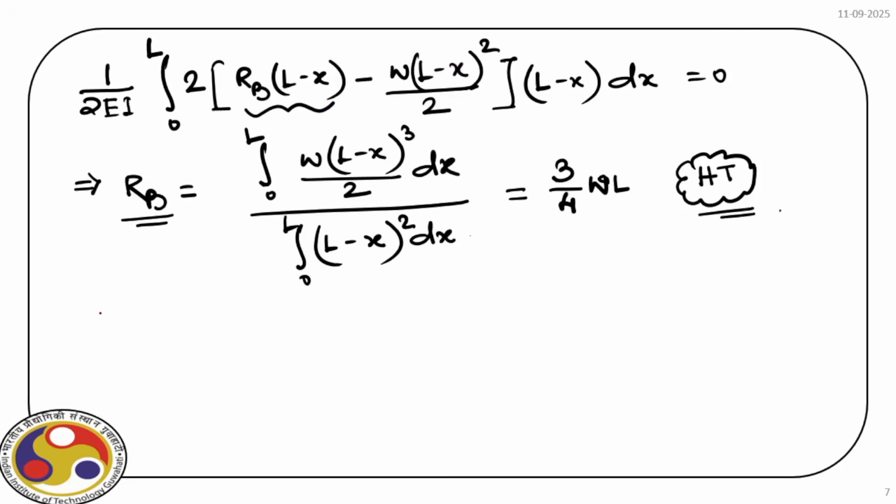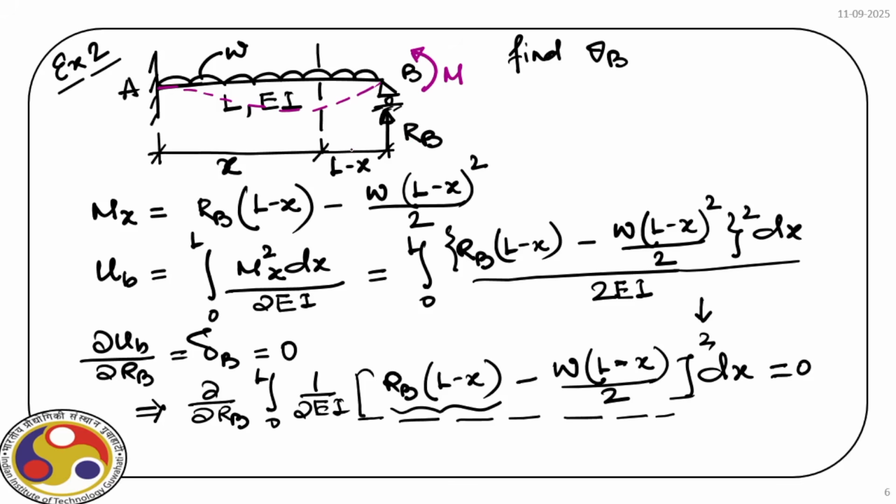So for this problem, we have Mx is equal to, you can see RB times X. Actually, we can now change this to X, and this is L minus X, right?